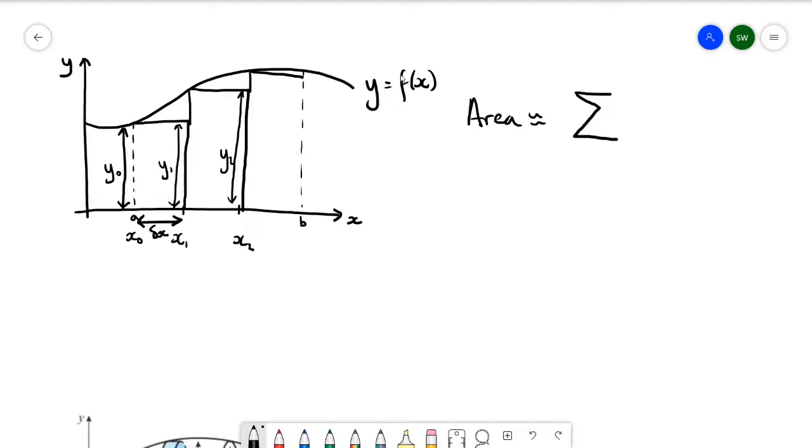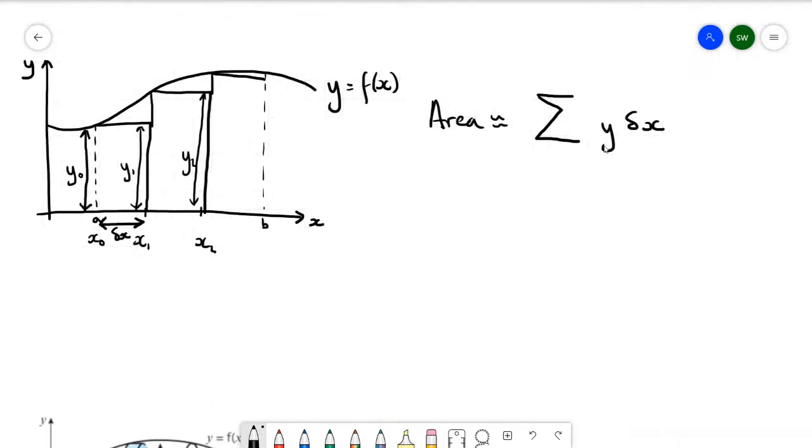So we want to do y multiplied by delta x. And this basically means add up each of these values, y times delta x, for each y value. I guess technically I'm abusing notation here. What I should really put is yi times delta x, and I want i to go from 0 up to 2.